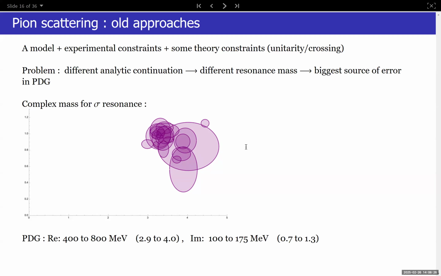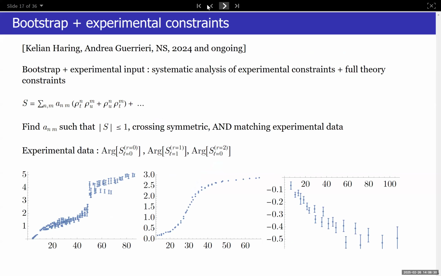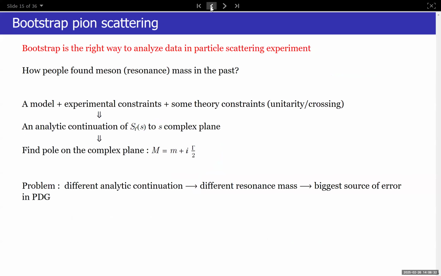But this would essentially be trying to do bootstrap. In some sense, what I'm trying to do is similar to what experimentalists are trying to do, except now we try to impose the most generic theory constraints. And this could be the right way to analyze the data.